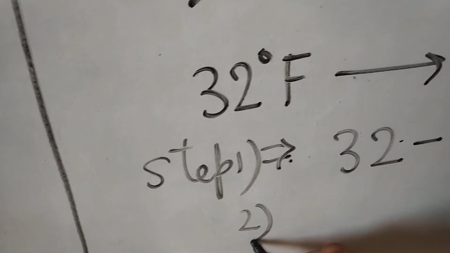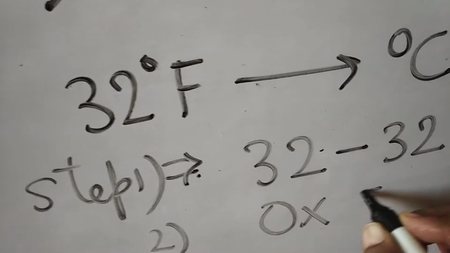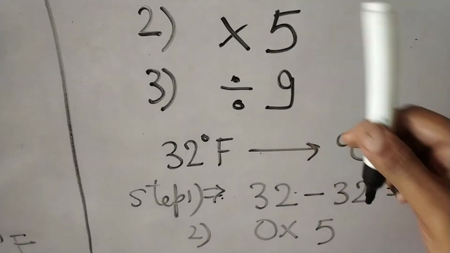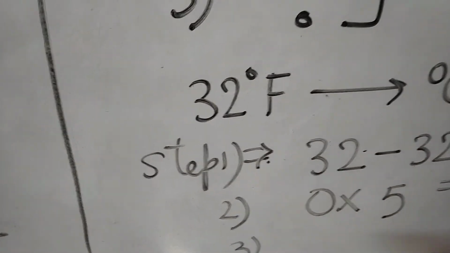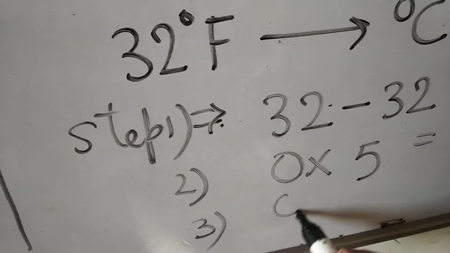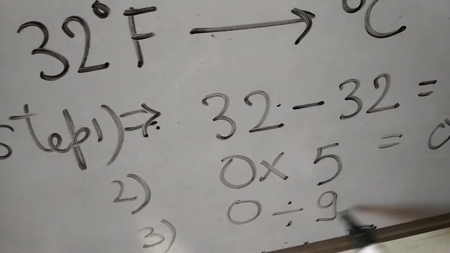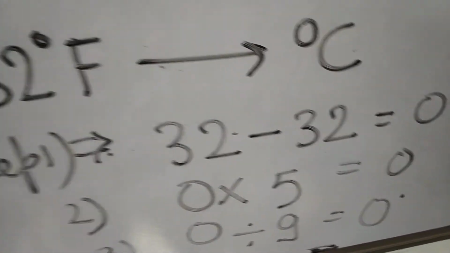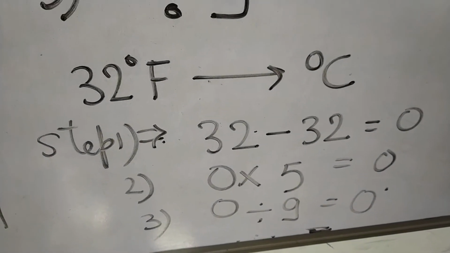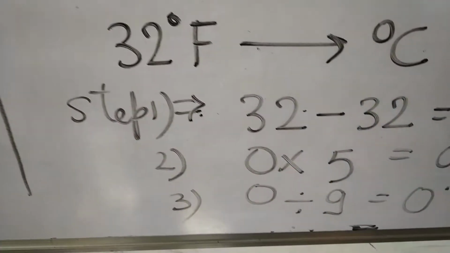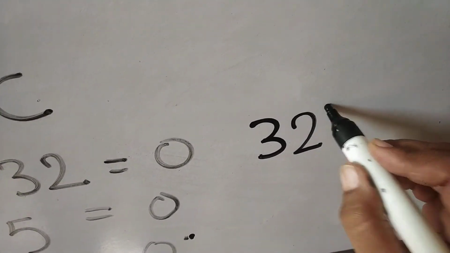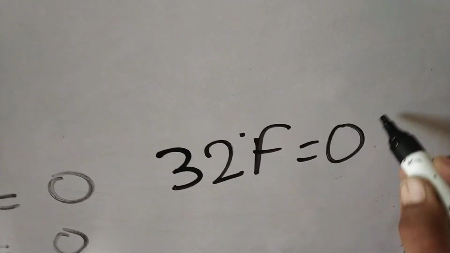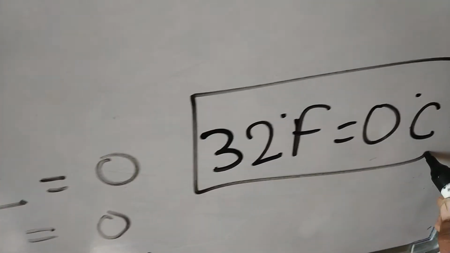In the second step, 0 multiplied by 5, I get 0 again. In the third step, 0 divided by 9, again I get 0. That means 32 degree Fahrenheit is equal to 0 degree centigrade. So I can write here, 32 degree Fahrenheit is equal to 0 degree centigrade.